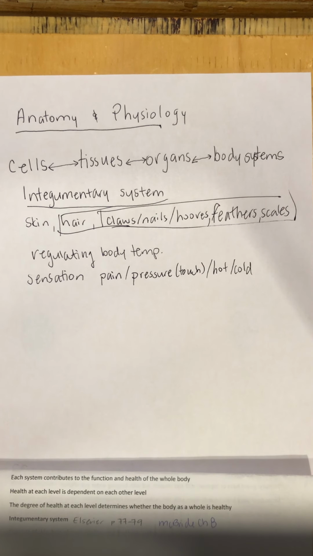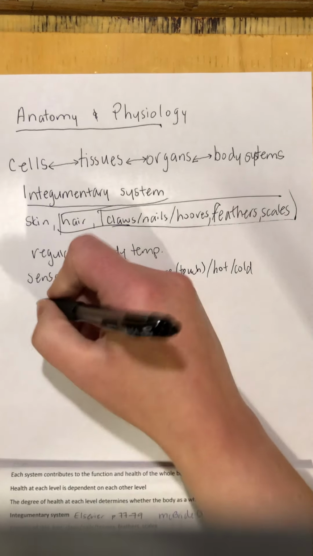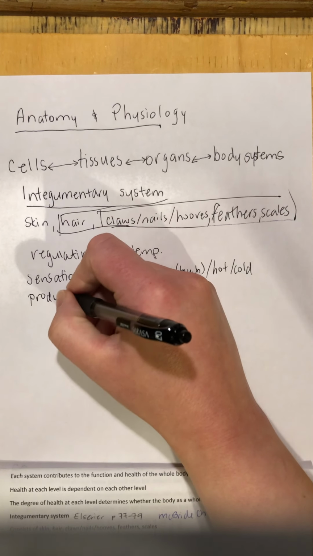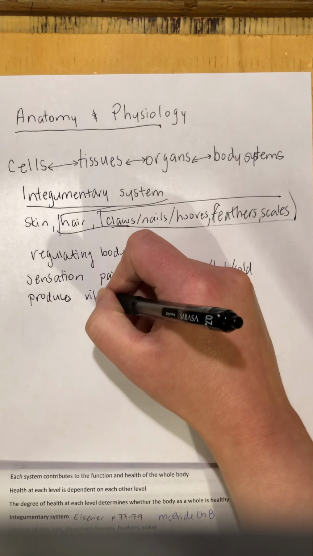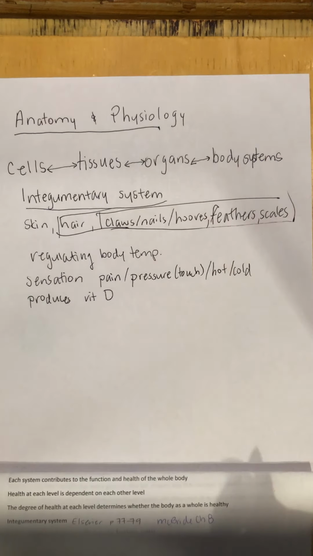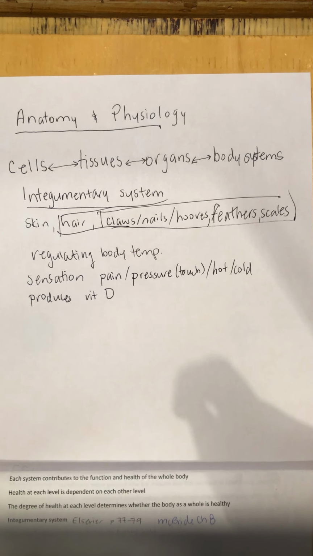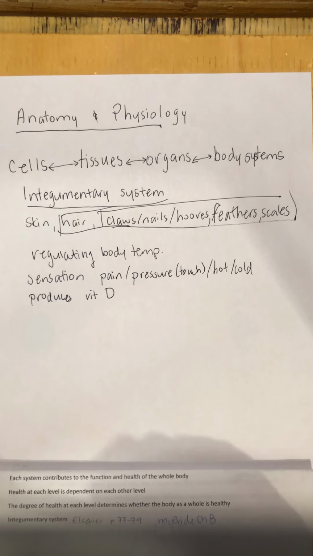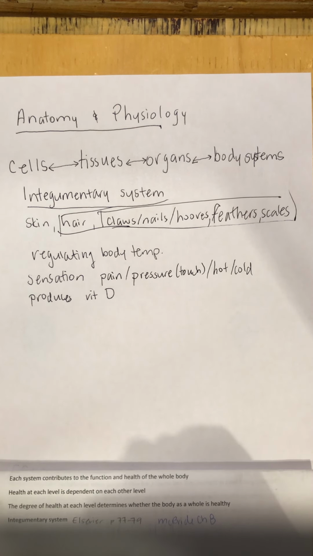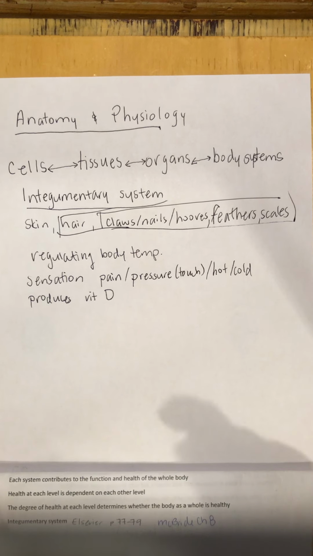So pain, pressure, hot, and cold are the sensations we can feel through our skin, and that animals can feel as well. Skin also produces vitamin D. That's an important vitamin. Often it is present in food as well, but through exposure to the sun, the skin makes vitamin D.